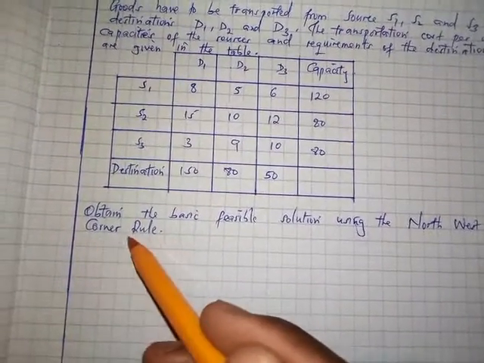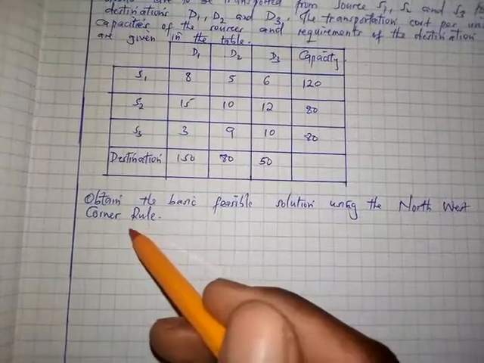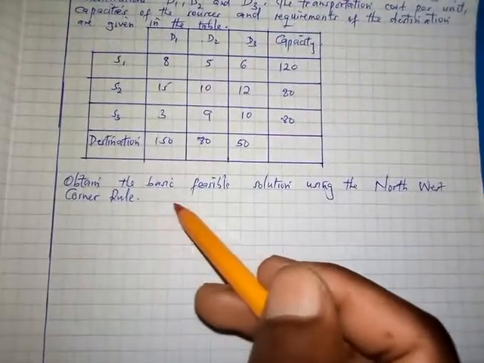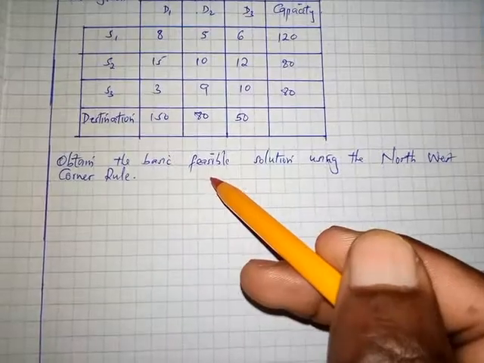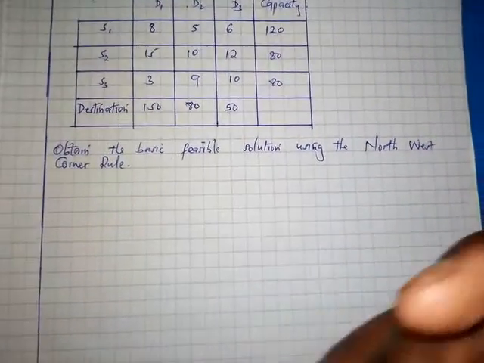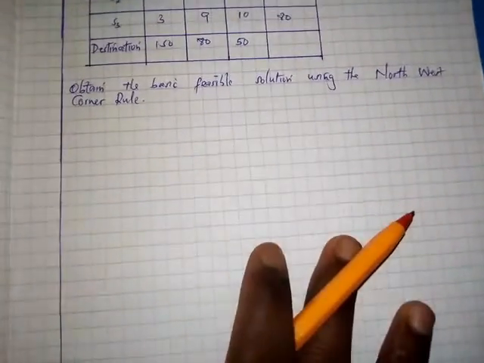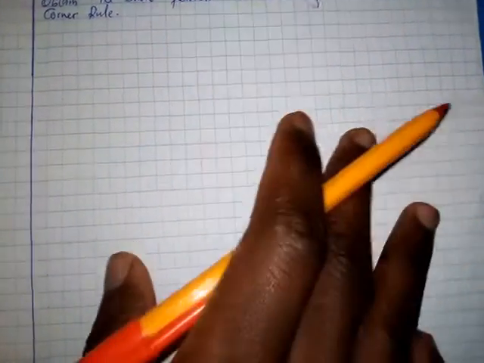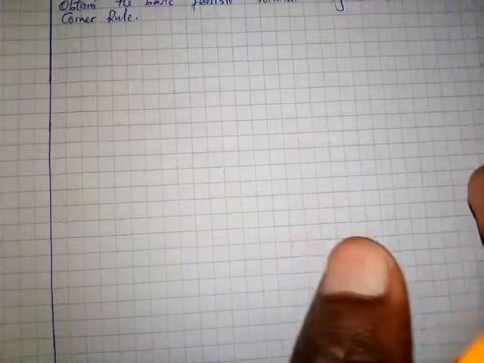Obtain, this is the question that we have to answer. Obtain the basic feasible solution using the northwest corner rule. Before I start, I would like to say that the northwest corner rule is just one of the methods. You have other methods of finding the feasible solution.